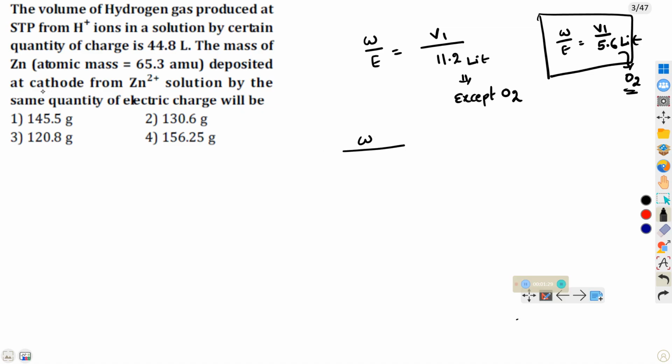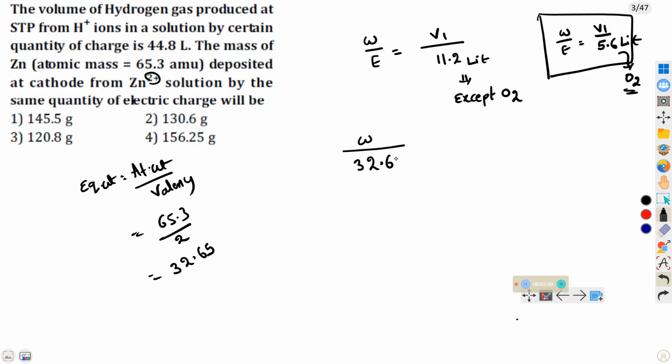Equivalent weight is equal to atomic weight by valence. 65.3 by 2. Zinc is converted to Zn2+, so 65.3 by 2 gives 32.65.